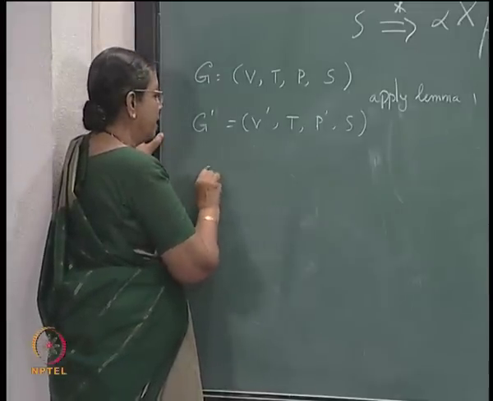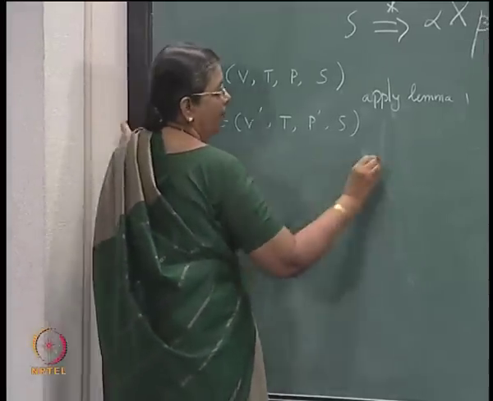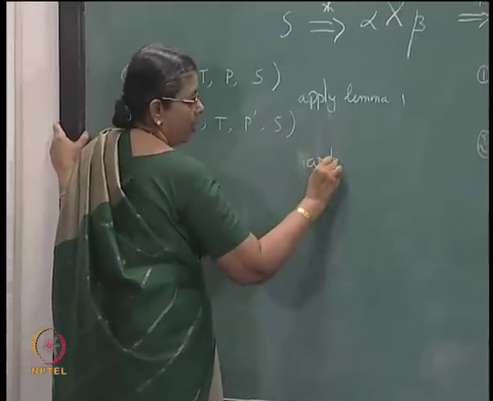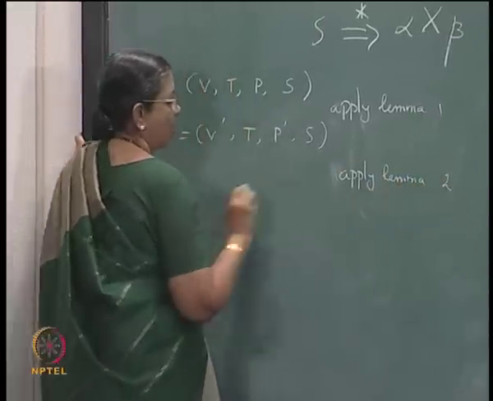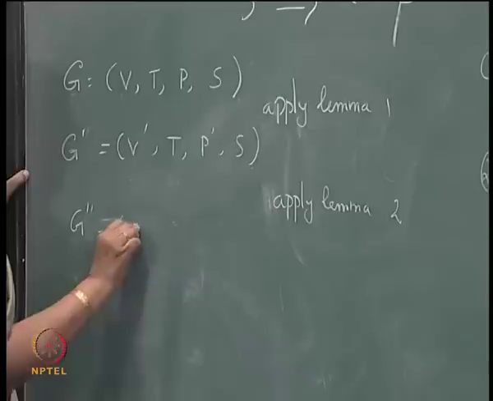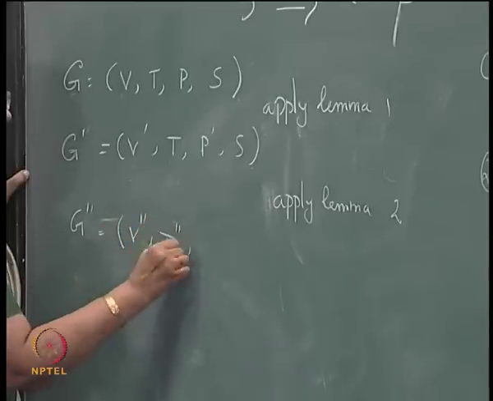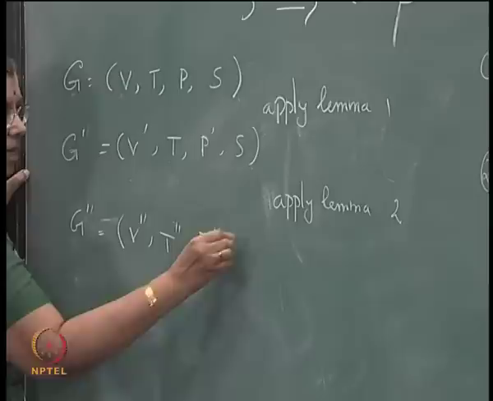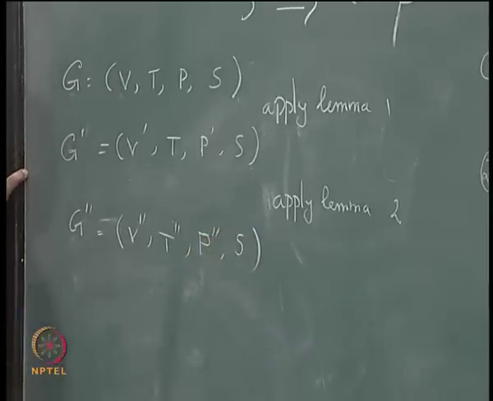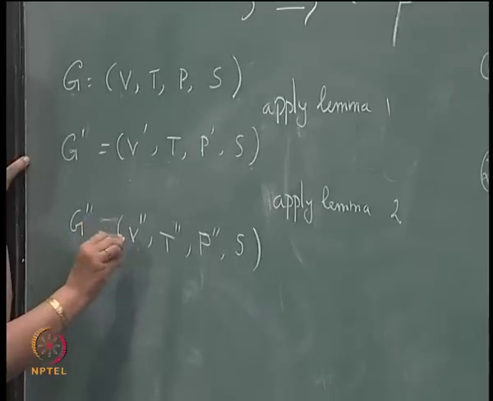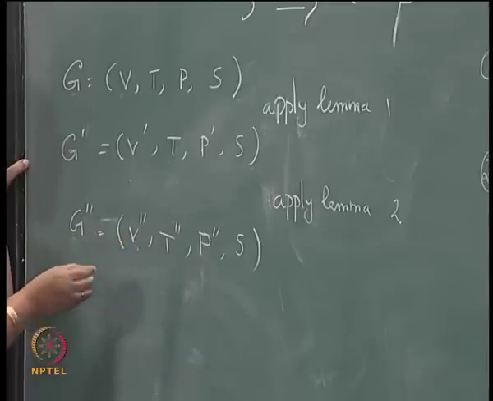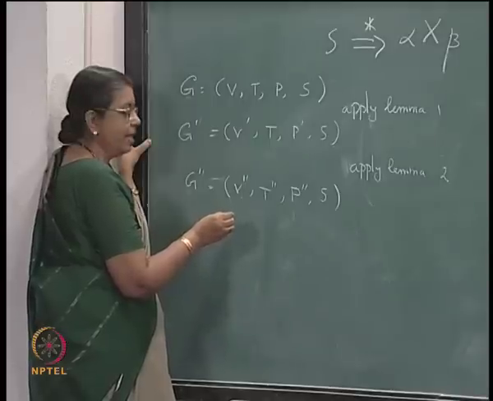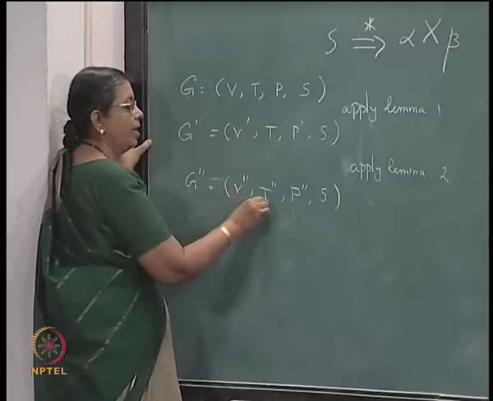Then from this apply lemma 2, you get something like V2 dash, T2 dash, P2 dash, S. But from this grammar, every symbol in V2 dash or T2 dash is reachable from S. Starting from S, it should be possible to get a sentential form containing every symbol in V2 dash and T2 dash.